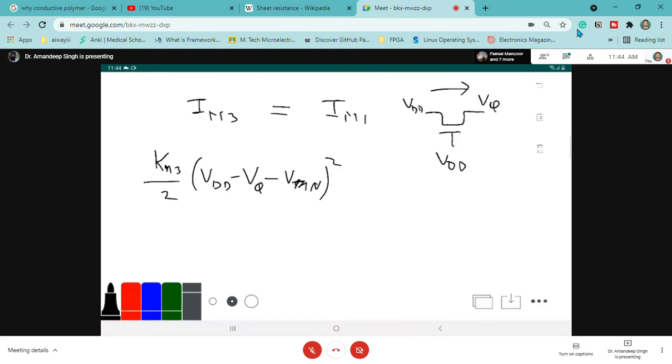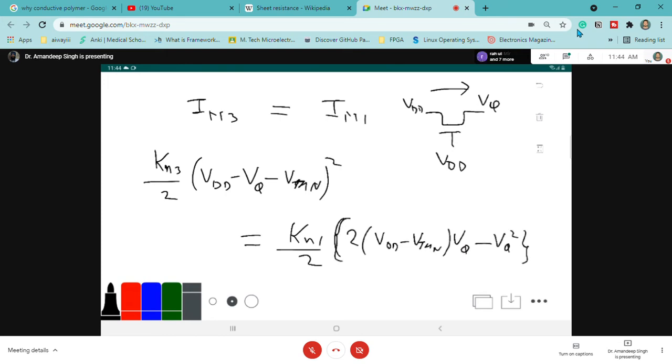That is equal to Kn1 divided by 2. Now this is in the linear region, so I'm writing 2 times (VDD minus V threshold of N) into VQ minus VQ square, where VQ is the drain voltage of M3.